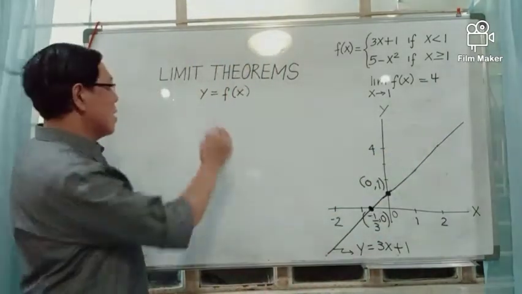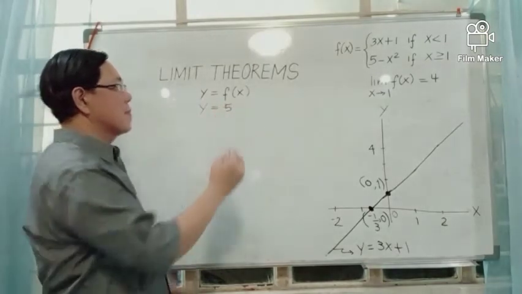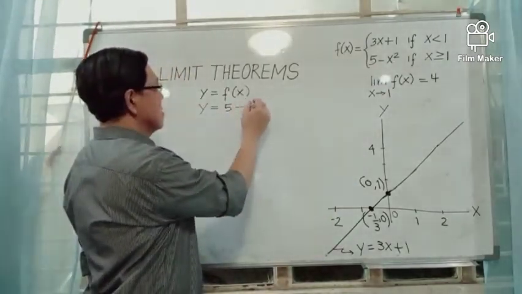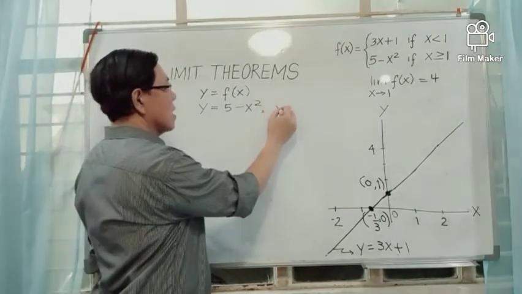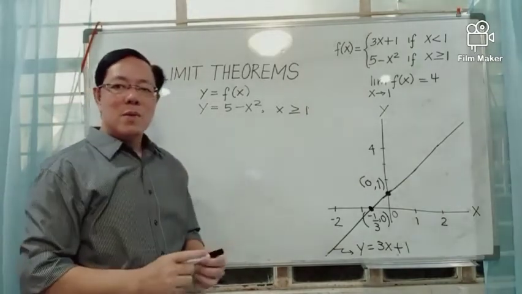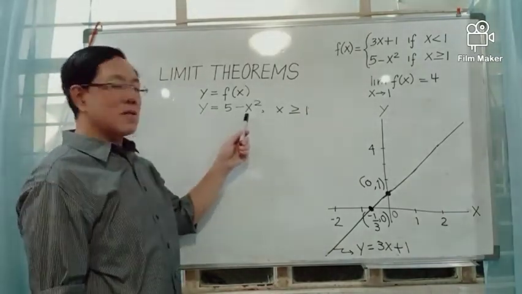So we write y equals 5 minus x squared when x is greater than or equal to 1. We will now sketch the graph of this equation y equals 5 minus x squared.